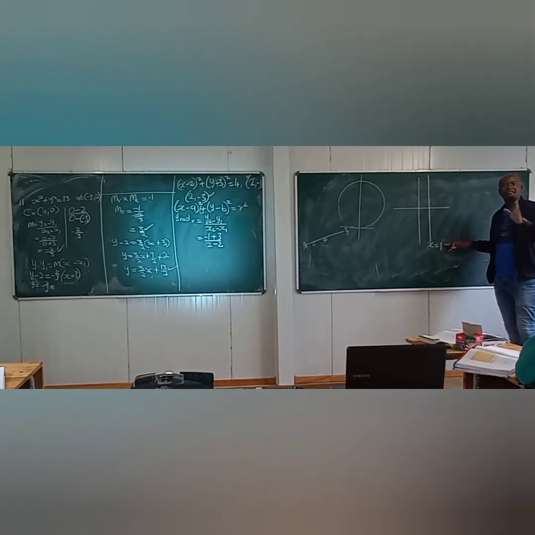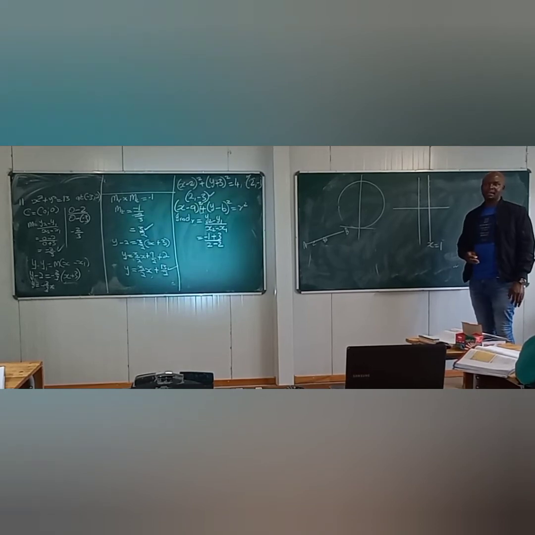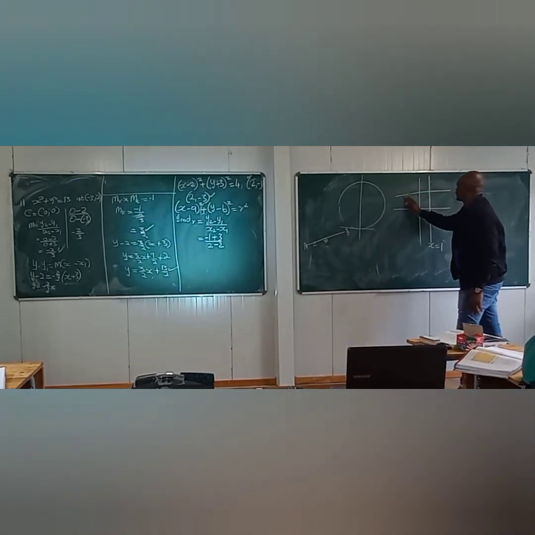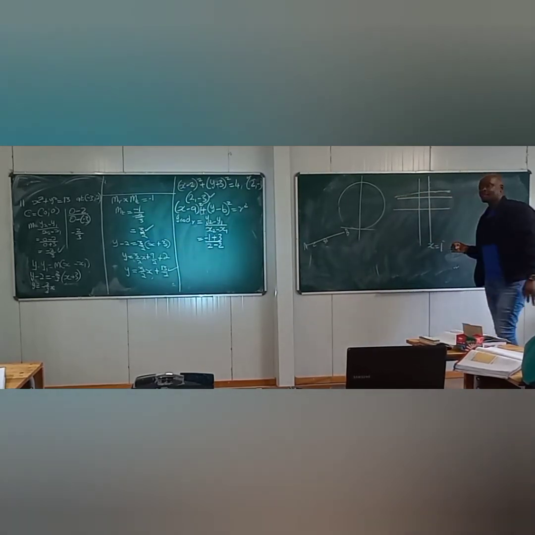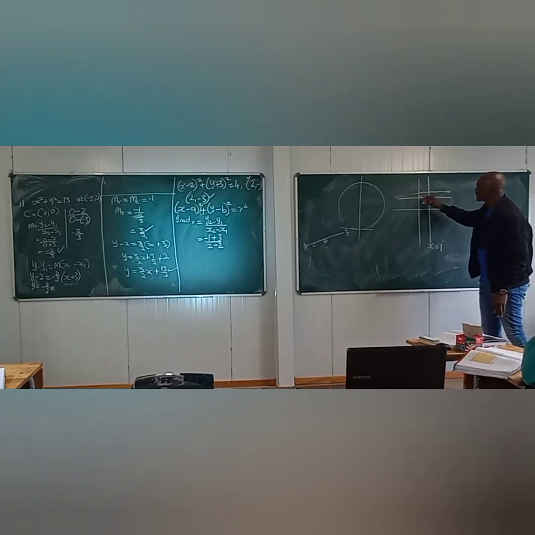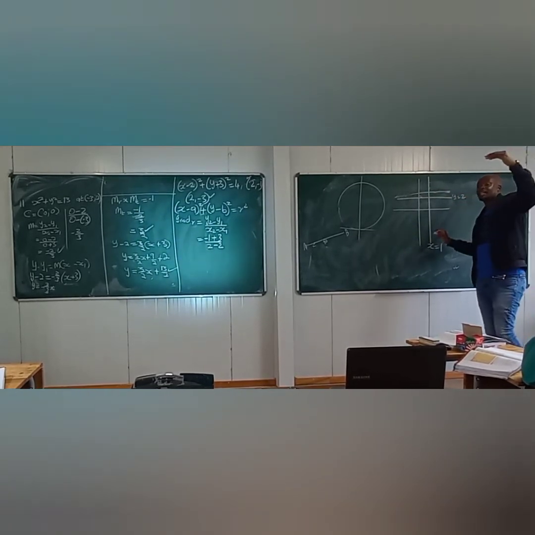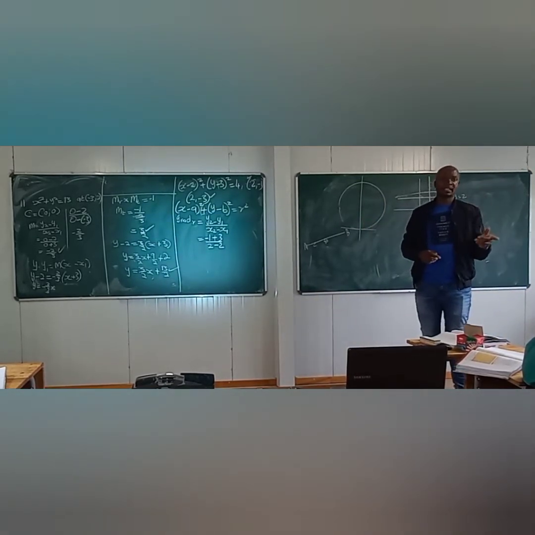Like any vertical line, any line parallel to the y-axis, the gradient is undefined. Then a horizontal line is parallel to the x-axis. For example, this is the line y equals 2. In terms of gradient, 2 minus 2 is 0. Then the gradient becomes 0.